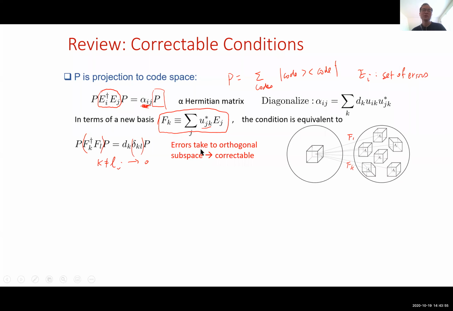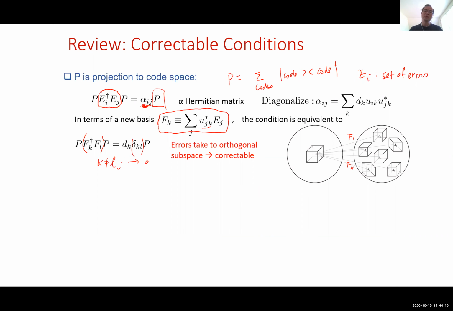This condition shows that these errors take the code space to other subspaces that are orthogonal. Therefore, if you can localize which subspace it is, then you know what to correct back. So that's the essence of the quantum error correction condition.